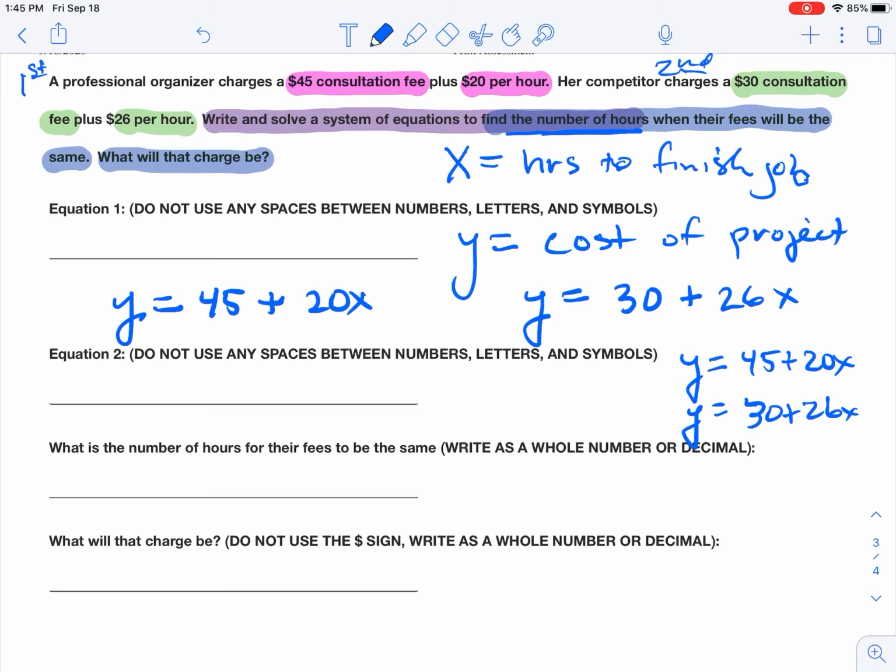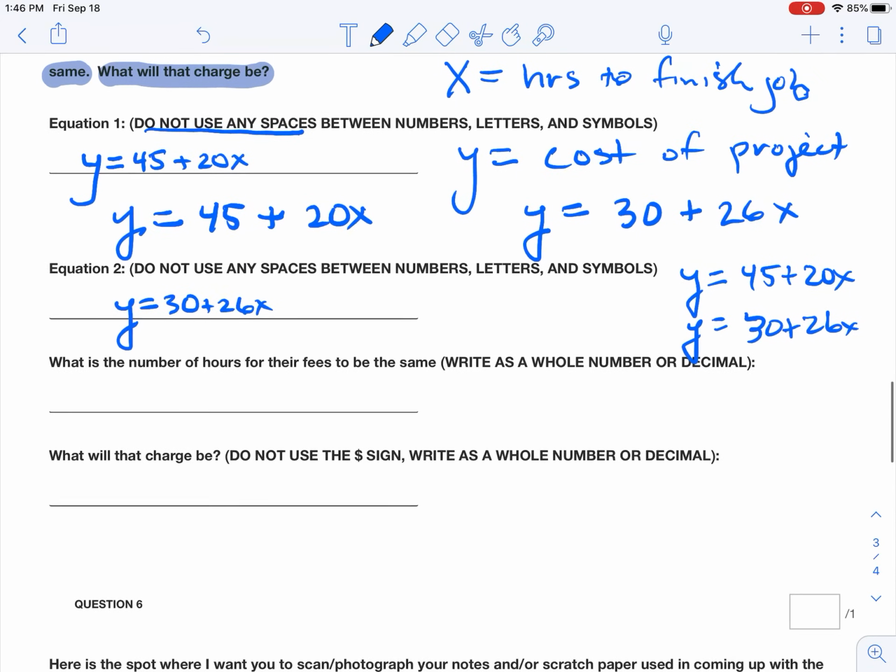So what I would do up here is write, using my keyboard, Y equals 45 plus 20x, no spaces. The other one I'd write is Y equals 30 plus 26x. Done with those two equations.